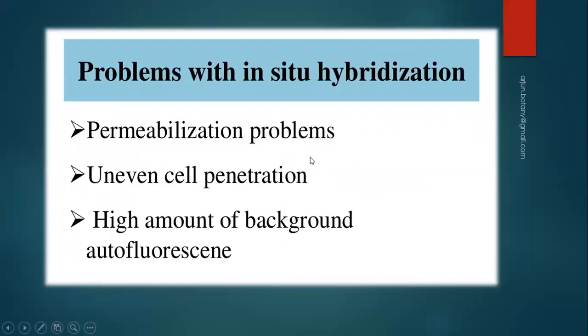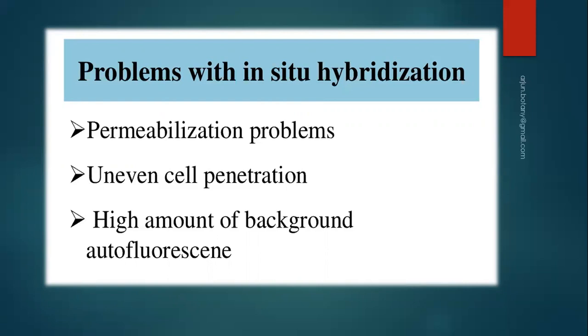Next, what are the problems? We know that every technique has some drawbacks. So in chromosome painting there are also some drawbacks. First is the permeabilization problem. Permeability sometimes does not permit the fluorescent dye.